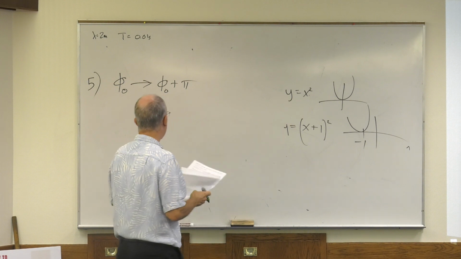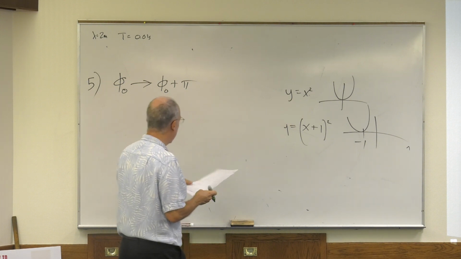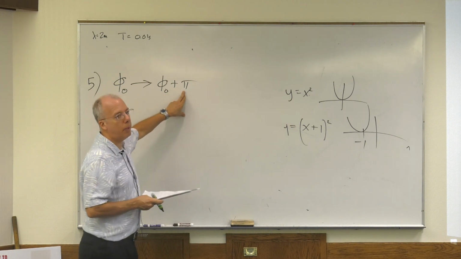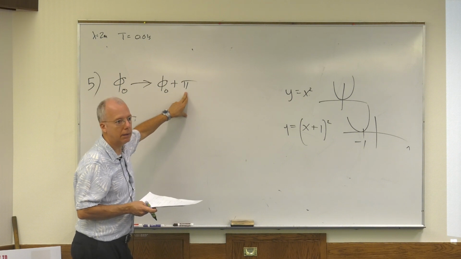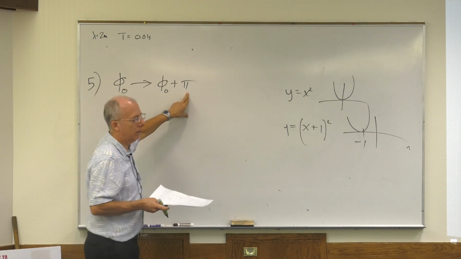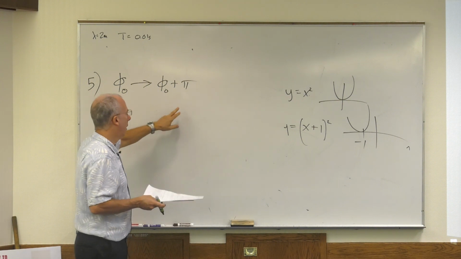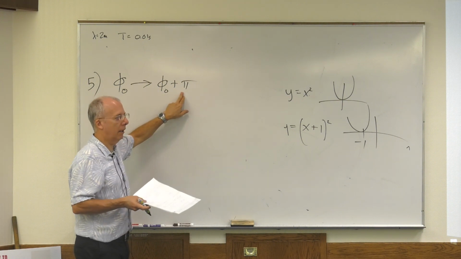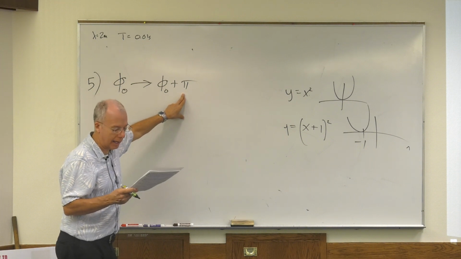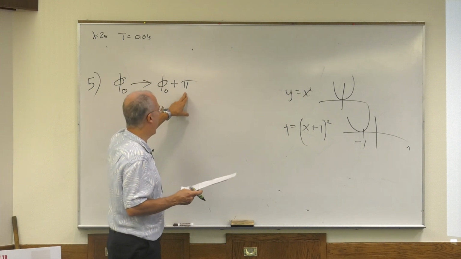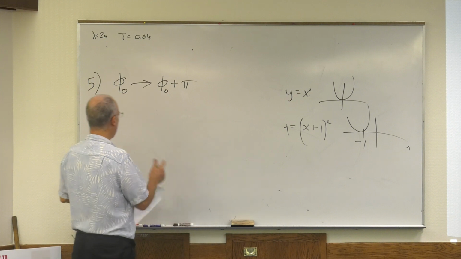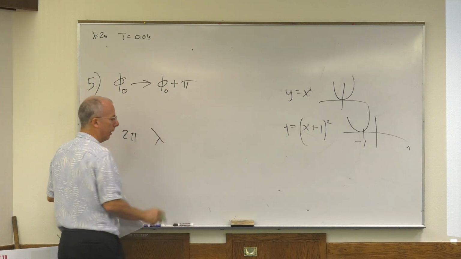Okay? So, now, what if this were 2 pi? Well, you know, sine is periodic in 2 pi, right? So if this were 2 pi, it would look exactly the same, right? So in other words, 2 pi corresponds to a wavelength, right?